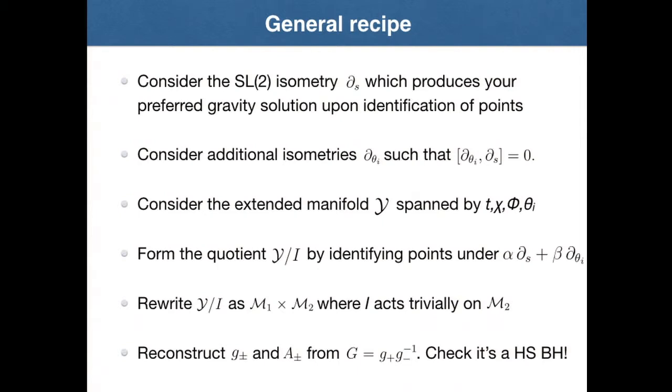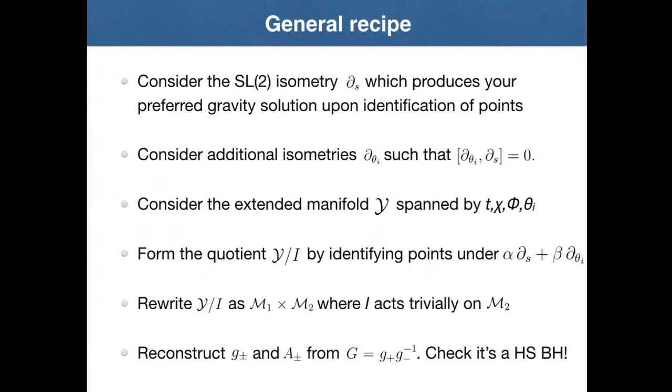Then the last step of the recipe is that you take the result and put it in a factorized form, where M1 is something that you interpret as a patch of AdS3, and M2 is whatever remains, essentially. And you choose your change of coordinates such that M2 is such that the identification acts trivially on it. So essentially you want to throw everything inside the identification of the angular coordinate phi.